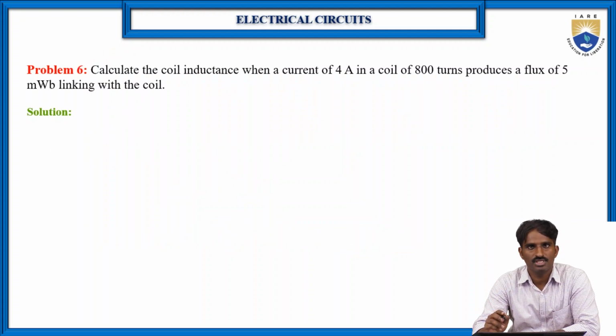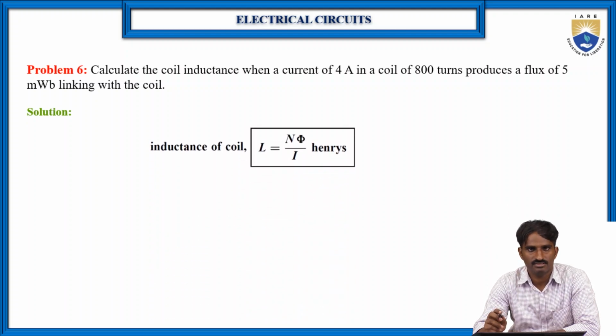Next, coming to problem 6. Calculate the coil inductance when a current of 4 amperes in a coil of 800 turns produces a flux of 5 milliwebers linking the coil. So now we need to find the coil inductance, right? As we know, the inductance we can also define by another equation.